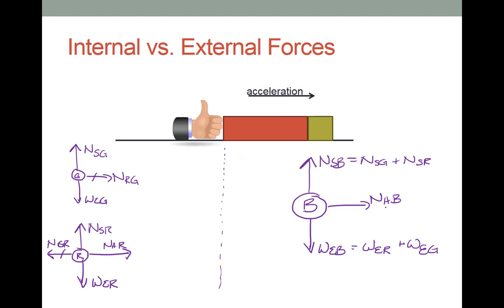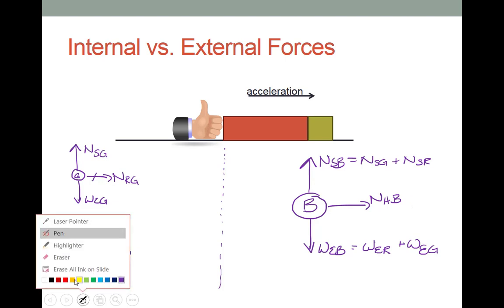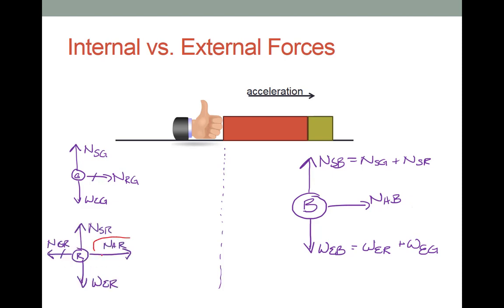But that leaves us with this guy, the hand. Well, over here, the hand was only touching the red block. Okay. So this one and that one are more or less equivalent. And so now the question becomes, what happened to our third law force pair? They came from the interaction of our two blocks.